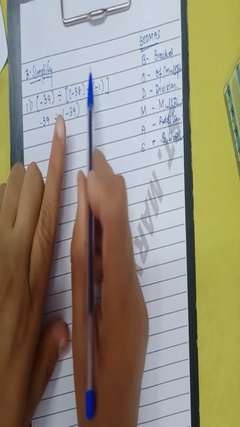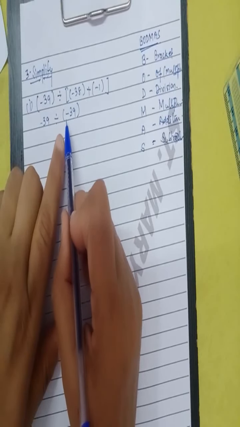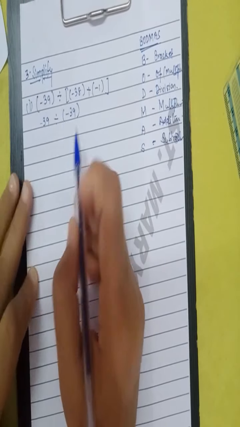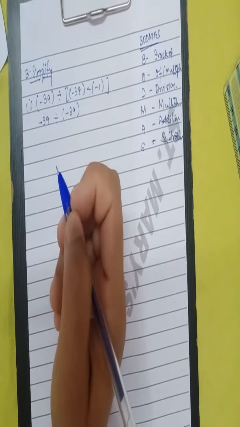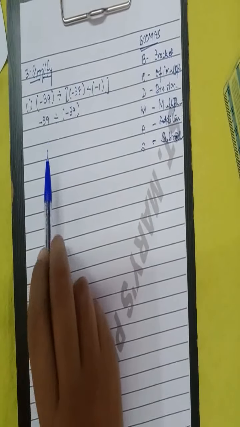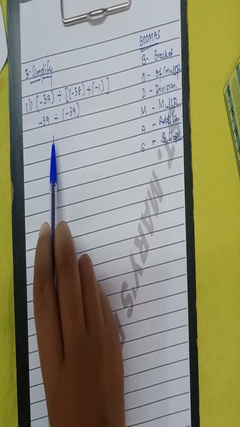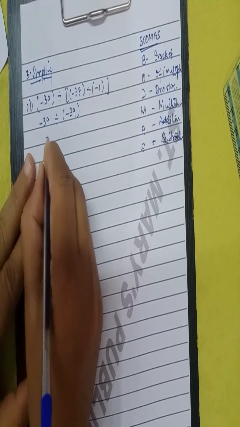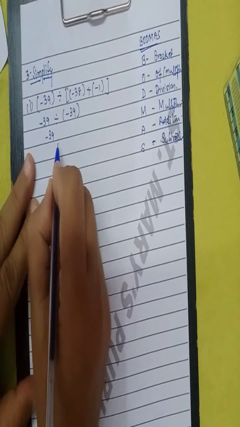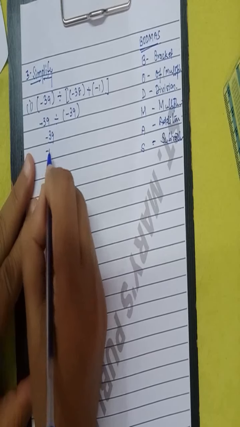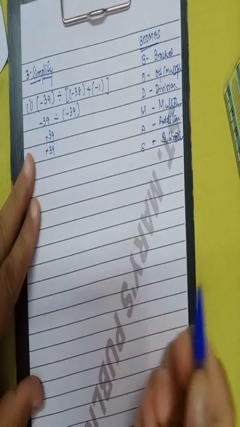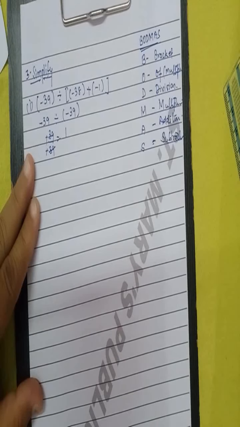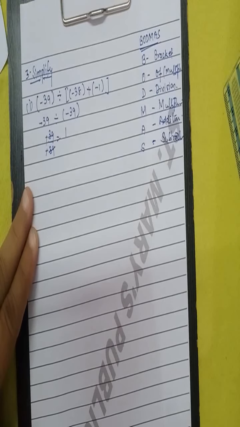But because both integers are negative, we have to put a negative sign before the answer. Now in the rule of division, I already told you, when we divide the same signs, the answer is always positive. So here minus 39 divided by minus 39, so minus and minus cancel. You get the answer 1. Hope it is clear for you.